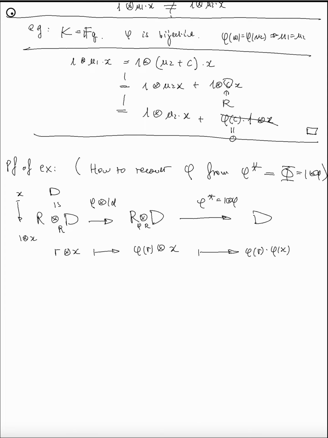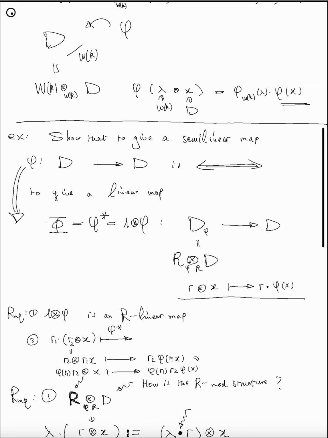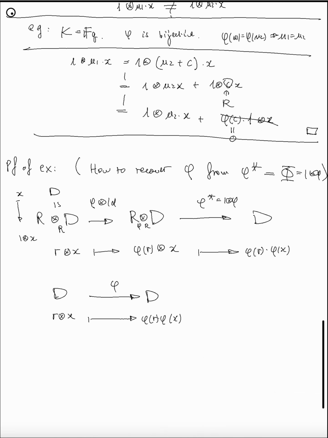And you say this altogether is the semi-linear map, Frobenius, from the beginning, right? And so we have recovered the semi-linear map from the linearization.